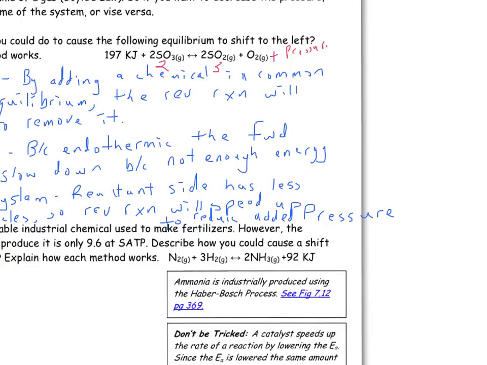Remember, this is an equilibrium, which means the reactants and the products are in the same container. You cannot change the pressure of one of the sides. You have to change the pressure of your whole container. Watch out for that when you're writing your discussions or explanations of pressure changes using Le Chatelier's principle.